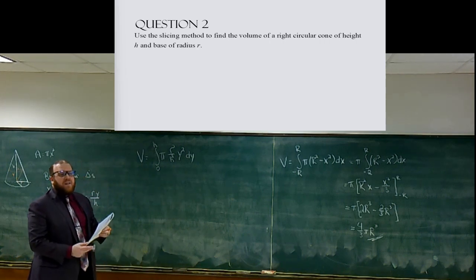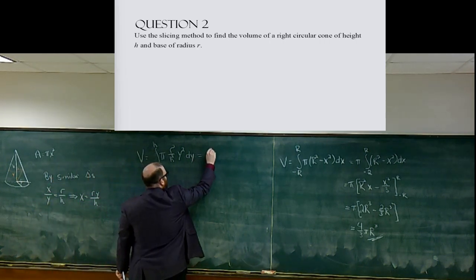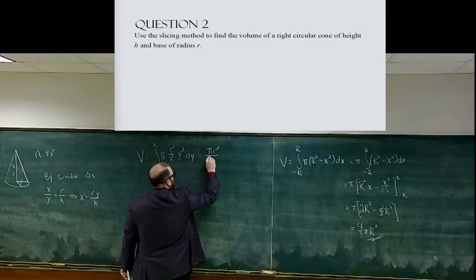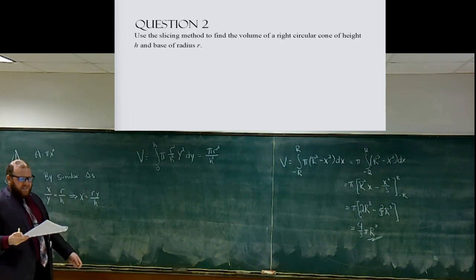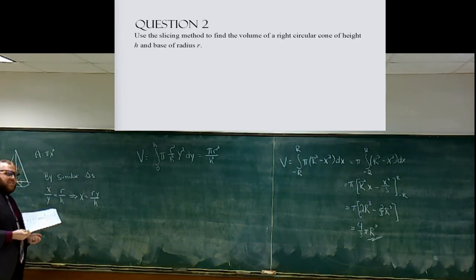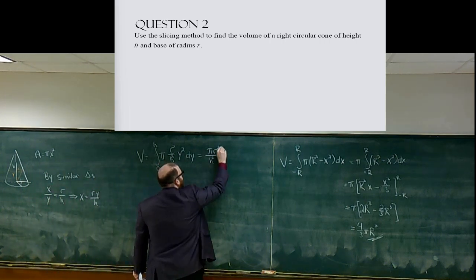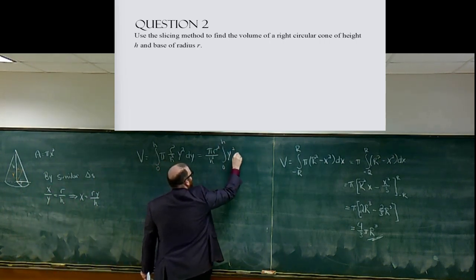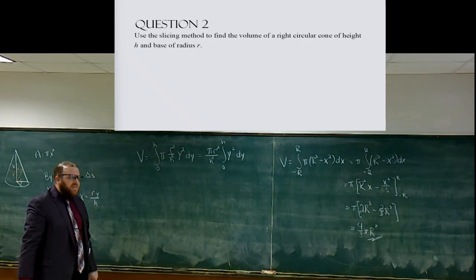Now I just have to evaluate that, right? Well, pi r squared over h squared is a constant, so we can factor it out. And that's a really simple integral to evaluate, isn't it?